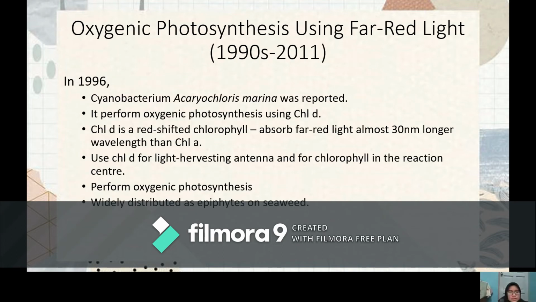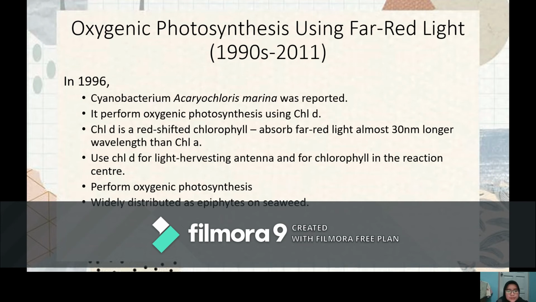The next one is oxygenic photosynthesis using far red light. The photosynthetic pigment chlorophyll a absorbs light from the visible light spectrum. In 1996, the cyanobacterium Acaryochloris marina was reported to perform oxygenic photosynthesis using chlorophyll d.